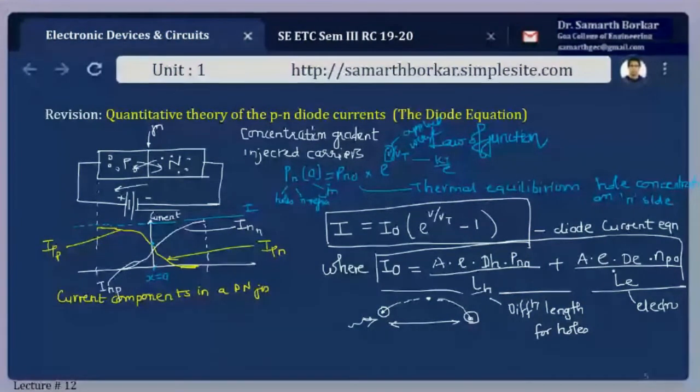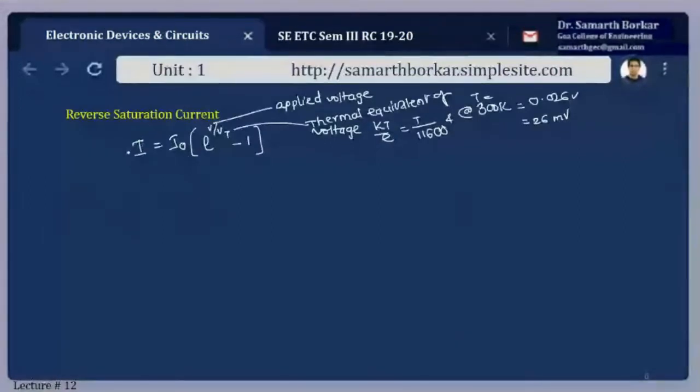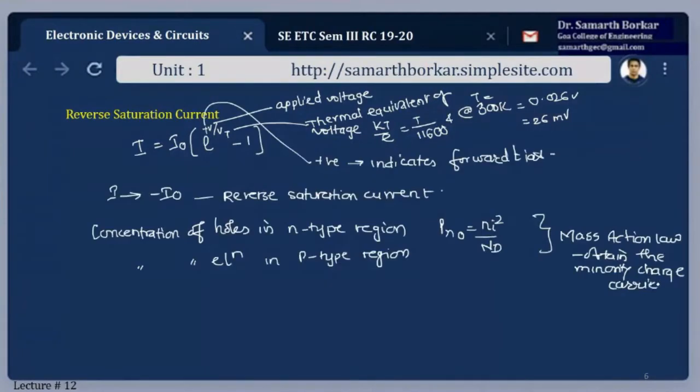So what I can conclude from here is that the current passing through the diode is directly related to the applied voltage, because of e raised to V. Now, in all this discussion so far, we have considered a positive value of V. So here I can write NPO, Ni square by Na, acceptor ion concentration, donor ion concentration, which normally is specified in the problem or numerical.